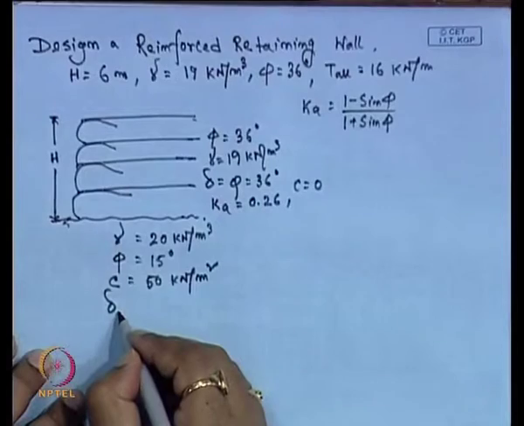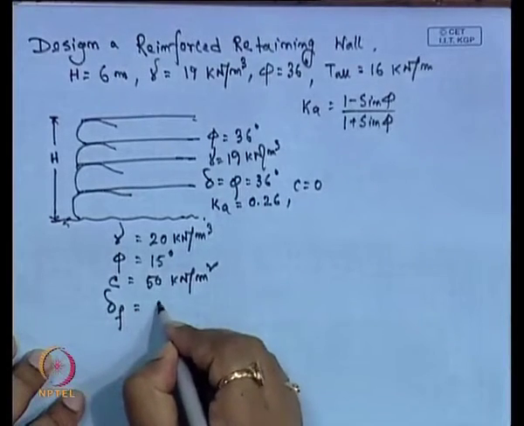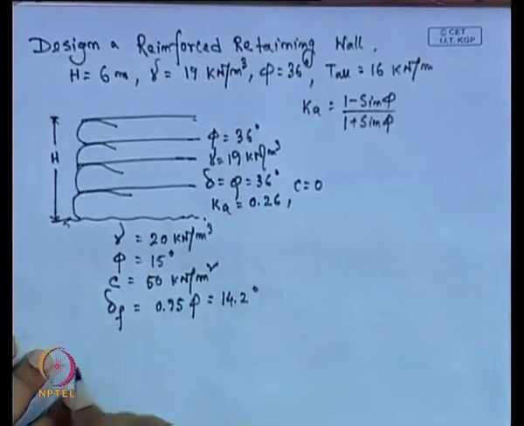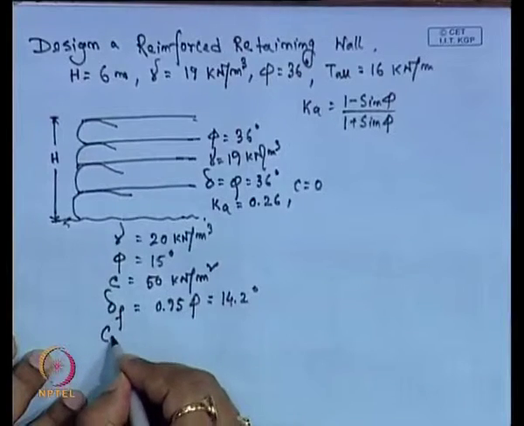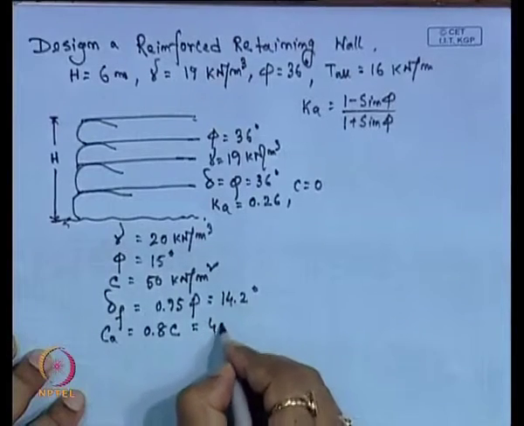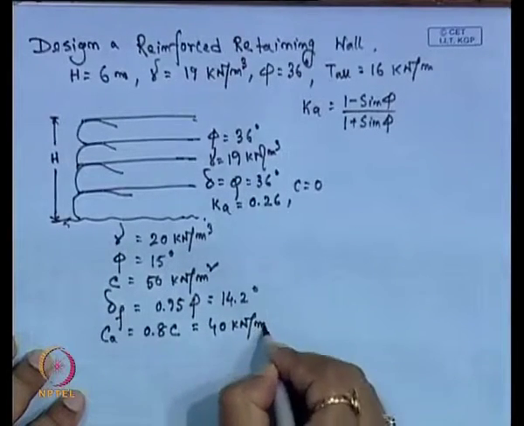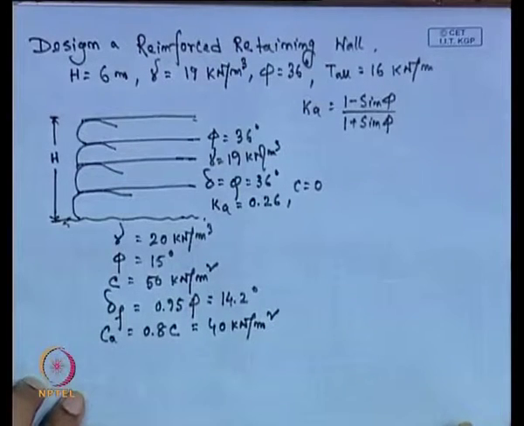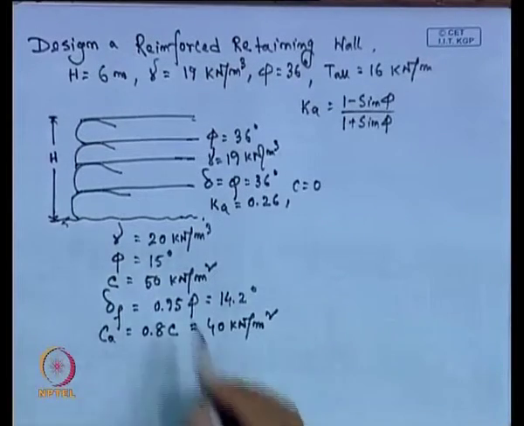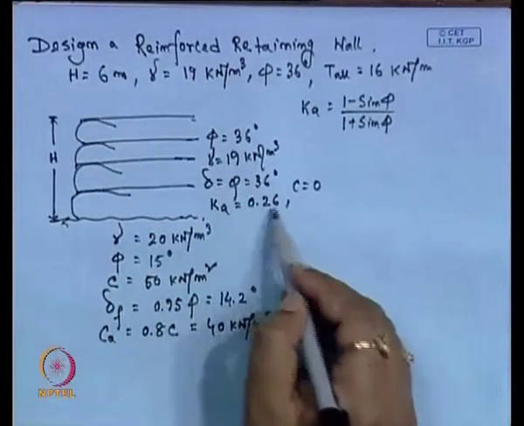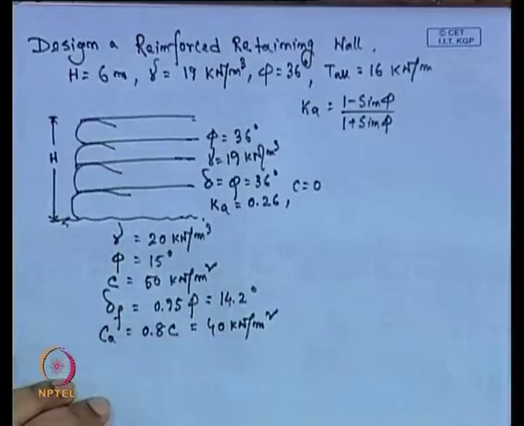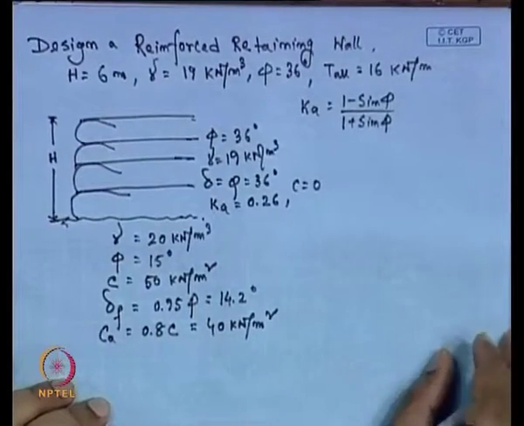Delta for the foundation soil is taken as 0.95 of phi, that is 14.2 degree, and C A is taken as 80% of C, that is 40 kilonewton per meter square. So, this is the properties of the foundation soil and this is the properties of the reinforced soil. Now, we have to design this reinforced earth.